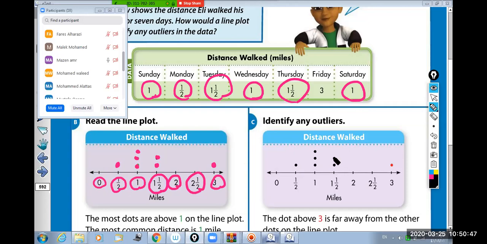Outlier means so far. I will erase this because you may be confused about this. What is the number that is so far from these numbers? These are the classmates, the students in the class. What number has a dot and is so far from the numbers? 2.5 has no dots, Mazen. It has no dots.